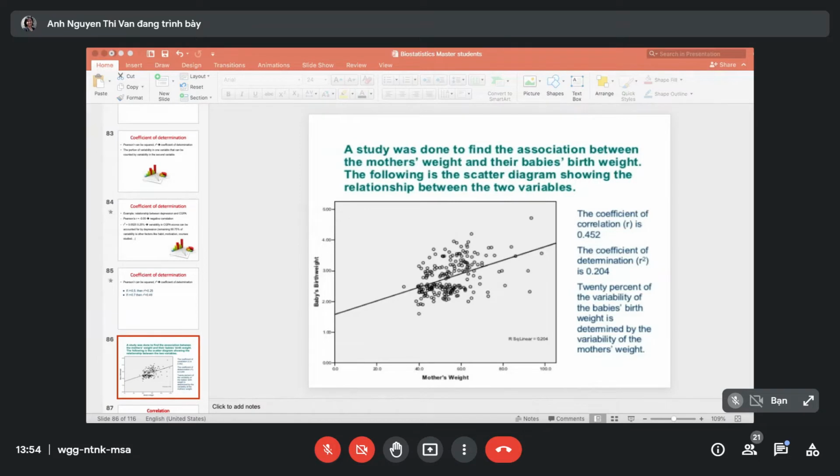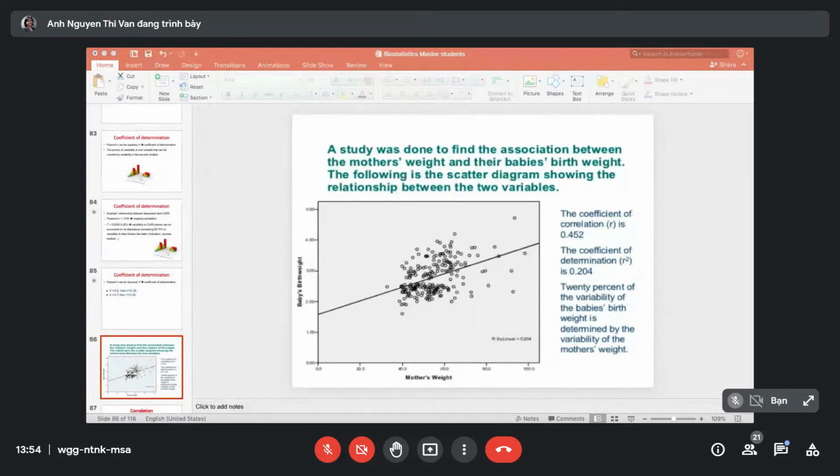So do you think that the Pearson correlation test can tell you about the causality relationship, or cause-effect relationship, between the independent variable and the dependent variable? In my opinion, I think yes.